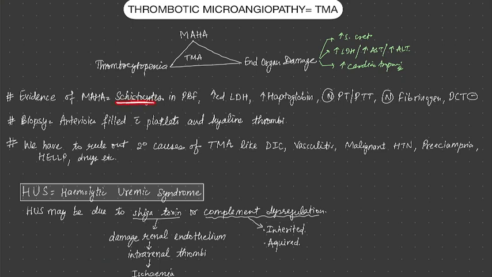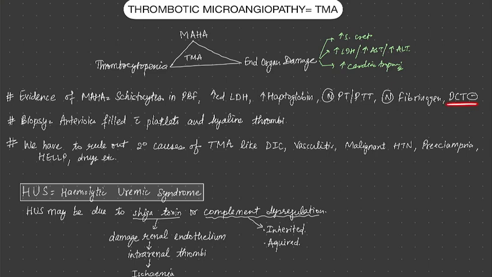So the resultant form of RBCs is called schistocytes. Increased LDH, increased haptoglobin, normal PT or PTT, fibrinogen will be normal, means excessive coagulation is not there. It is purely a disease of platelets.